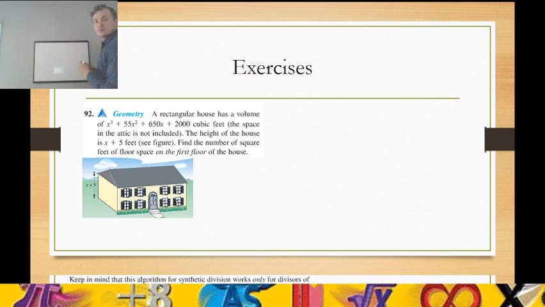So again, x cubed plus 55x squared plus 650x plus 2,000. This is divided by the height of x plus 5.